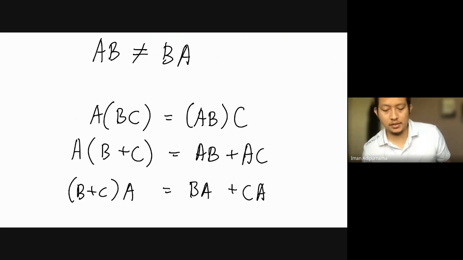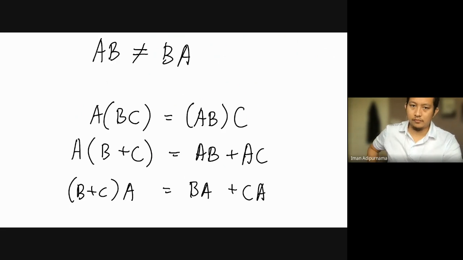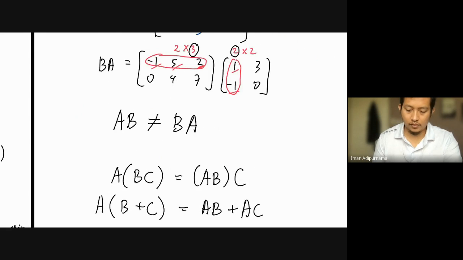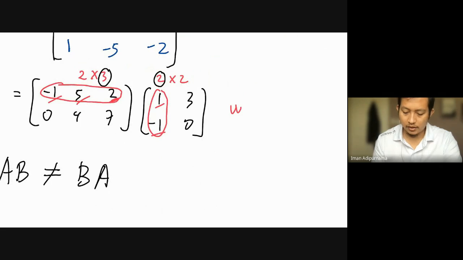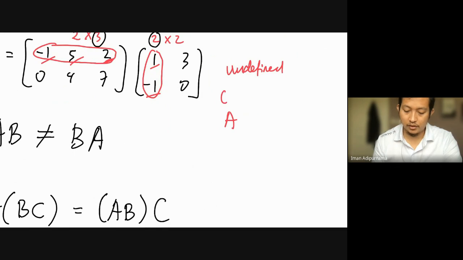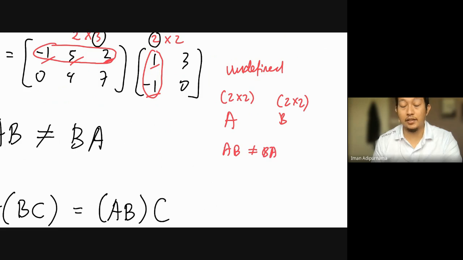This is a property of multiplication on matrices. So BA for this example is undefined, but if you have 2 by 2 for A and 2 by 2 for B, AB is still not the same as BA. The results will be different.